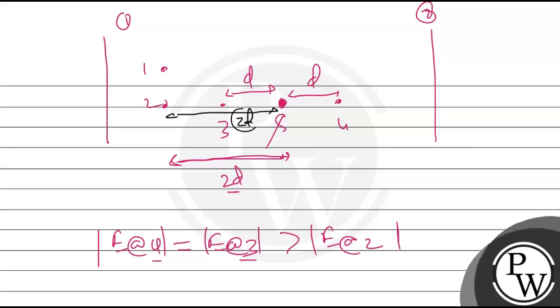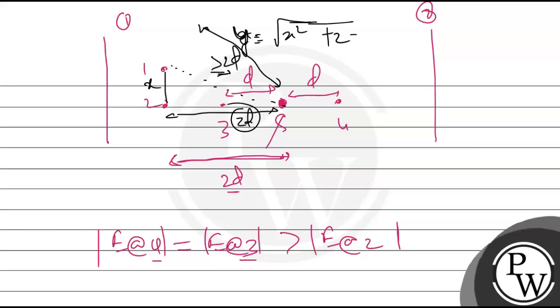Similarly, if we compare this distance, which is just 2d, this distance will be greater than 2d. If we apply the Pythagoras theorem, suppose this distance is x and this distance is y, then y can be written as the square root of x square plus 2d whole square.